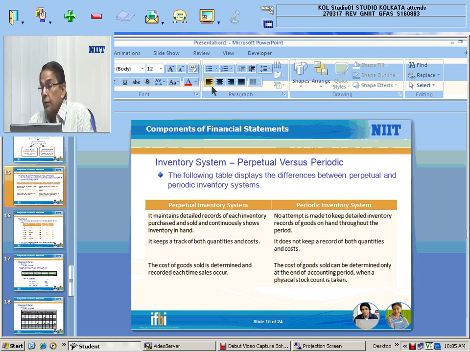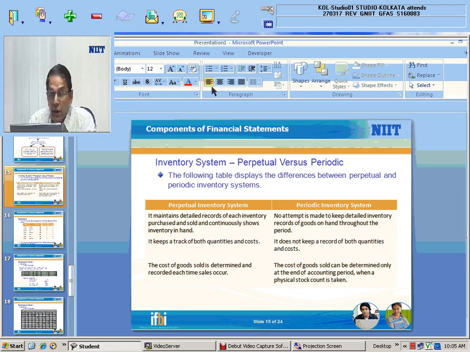So what are these two systems? Under the perpetual inventory system, detailed records of each inventory purchased and sold are kept and maintained, and it will continuously show the value of the inventory in hand. In a computer environment, as and when inventory is acquired or purchased, it is immediately entered in the system, and whenever inventories are issued, that also is recorded in the system.